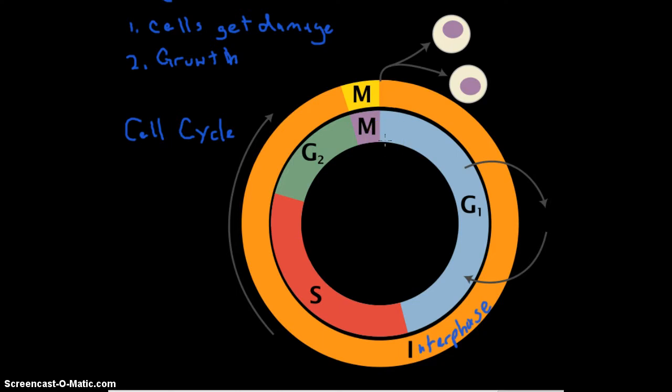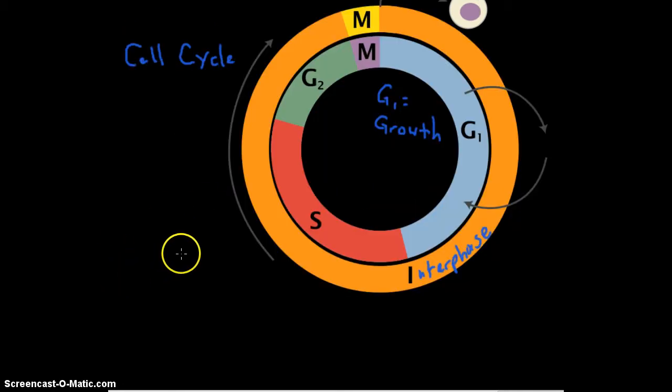Within interphase, we have three substages. The first substage is called G1. The G stands for growth. So what actually happens in growth?